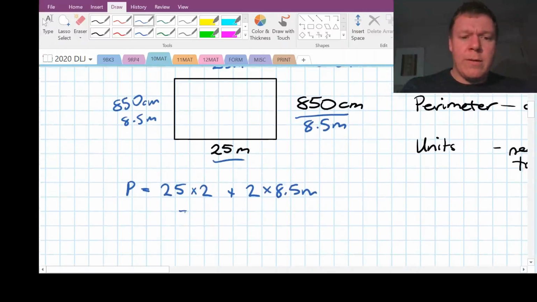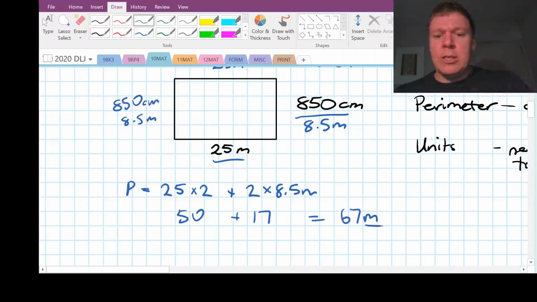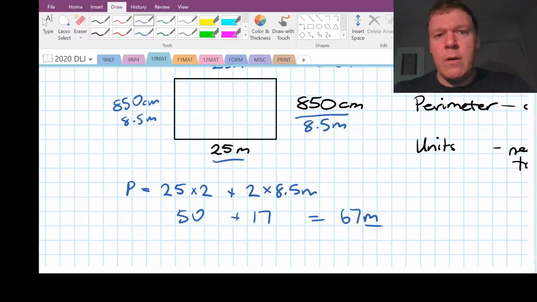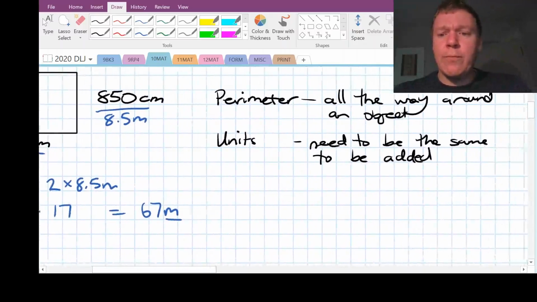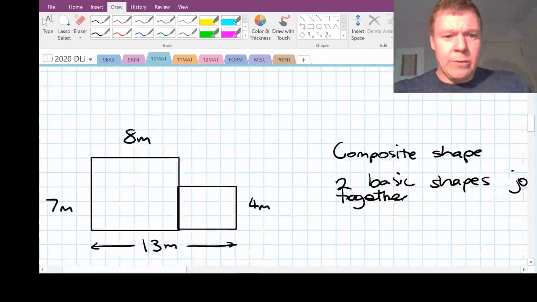So that'll be 50 plus 17 gets us to 67 meters. Just single meter units because it's a distance. It's the distance traveled around a shape. Okay, the units for area are a little bit different.